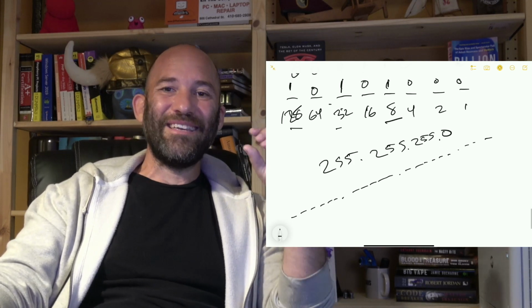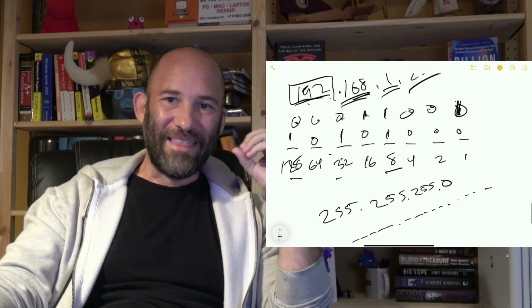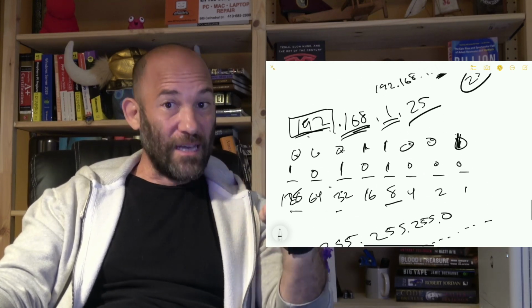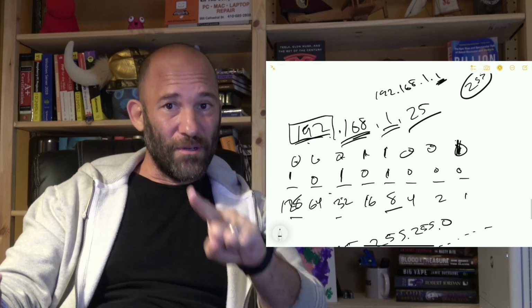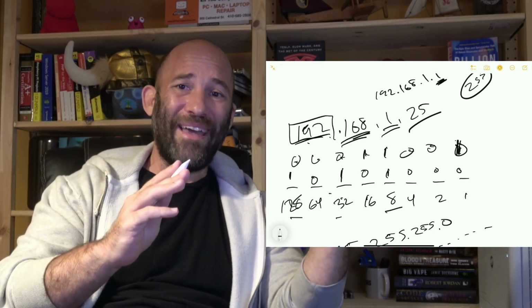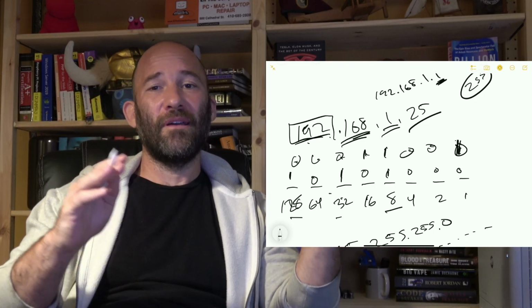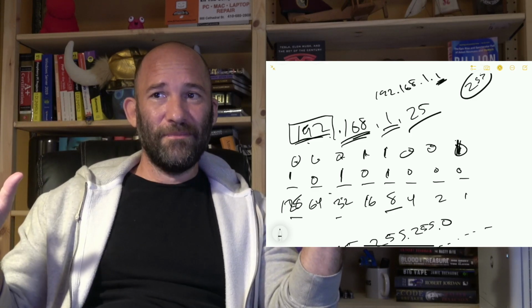This is how we come up with the numbering scheme for these octets. Once you understand that, we're going to go to how the actual subnet masks work, and hopefully this will make a lot more sense.